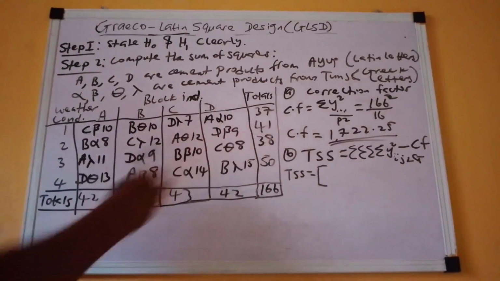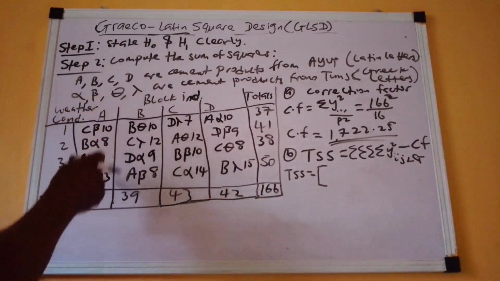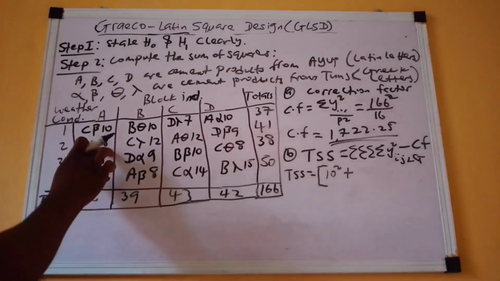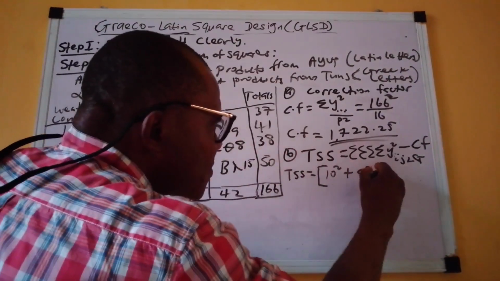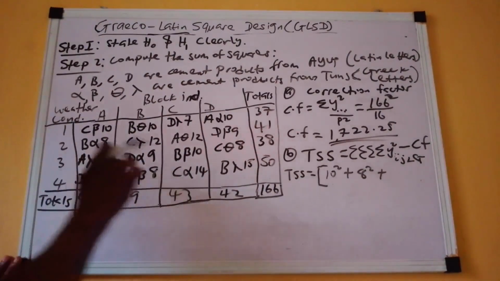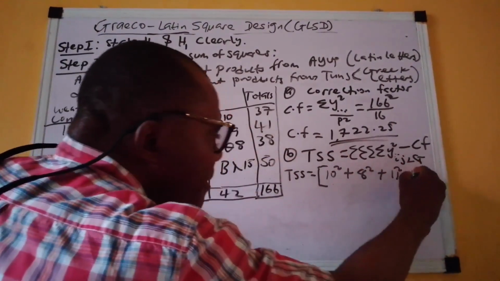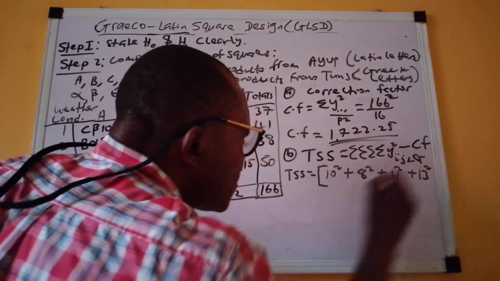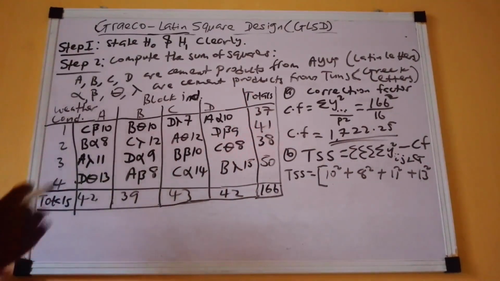We have 16 observations here, so we are going to square each of them. So this will be 10 squared plus, the next one is 8 squared plus, the next one is 11 squared plus, the next one is 13 squared.